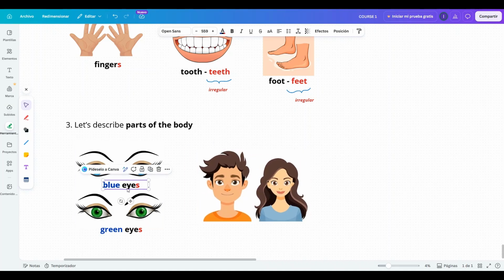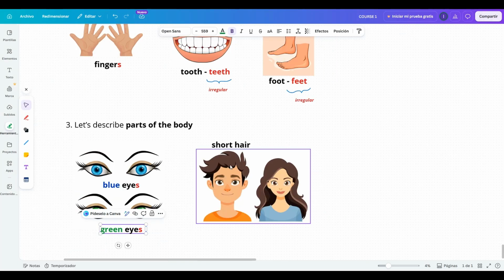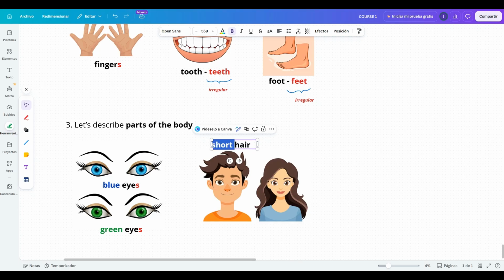Here you can see short hair, right? Short hair. It is green, no? Green. Let's use green. Yes. Green eyes. Short hair.